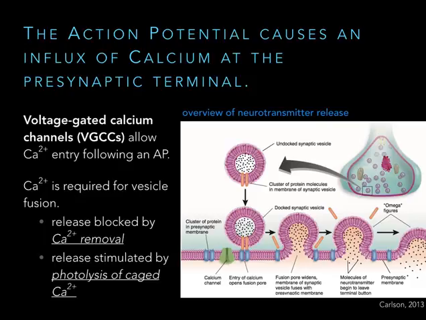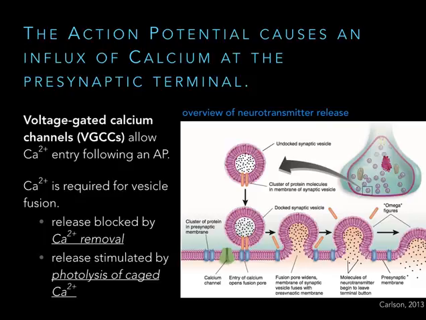When calcium enters, that's going to drive this process, where our vesicle here, you can see, is near that calcium channel. When the action potential occurs, calcium stimulates the vesicle to fuse its membrane with the presynaptic membrane, and those little black dots of neurotransmitter are now able to diffuse out into the synapse.